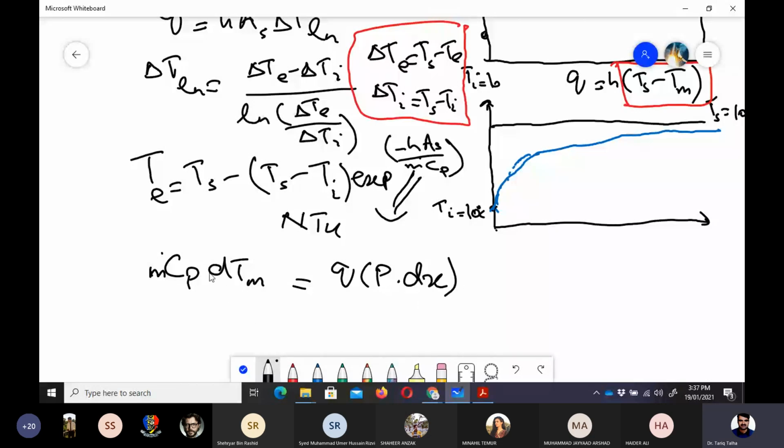Right. So now, what is it for the constant surface temperature boundary condition? Because dTm can be written like minus d(Ts minus Tm). Can we write it? Is there a problem with this?